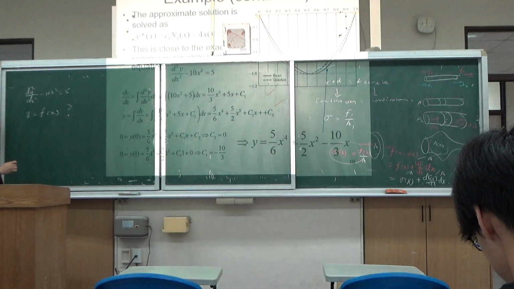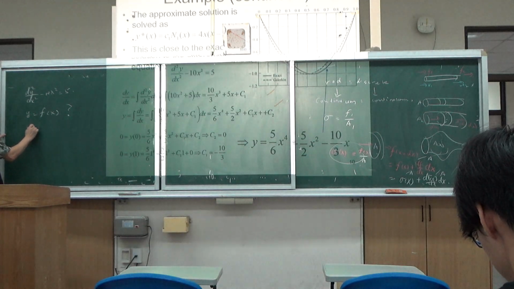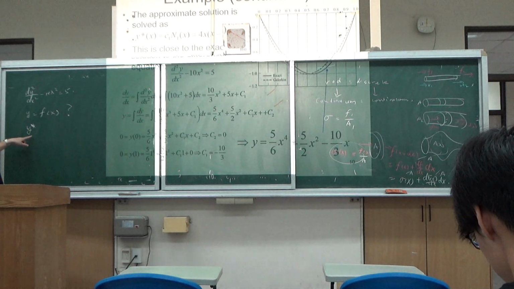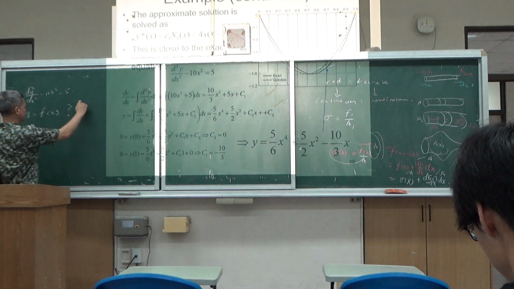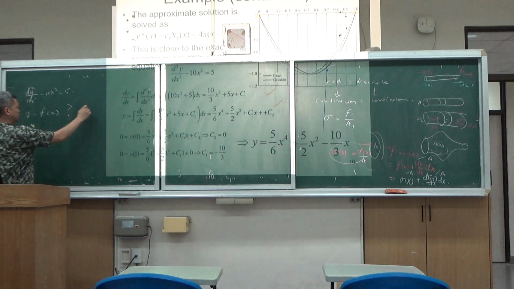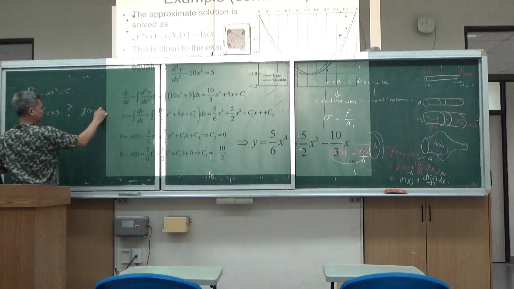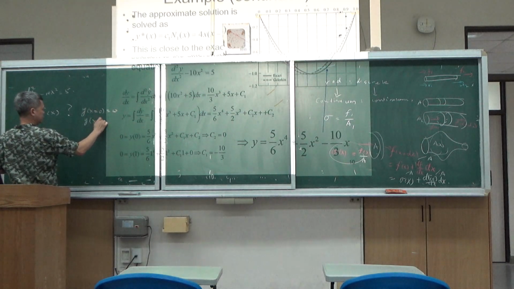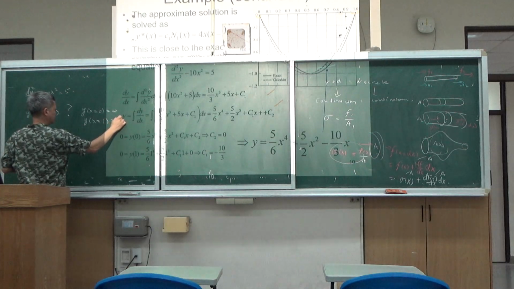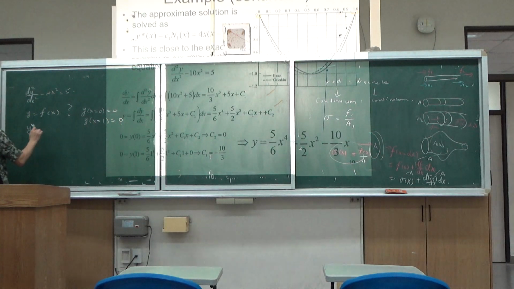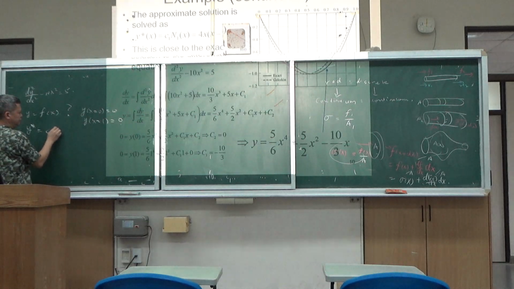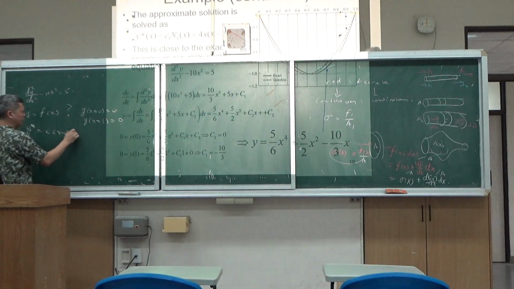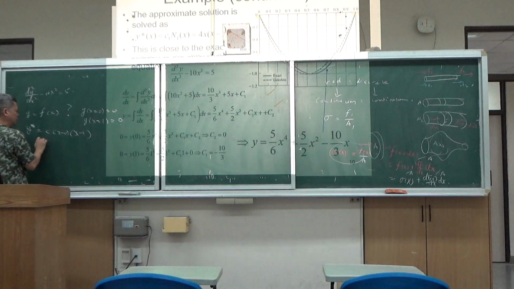So now you're going to find the approximated answer. What is the approximated answer? Because we know this function is 0 when x equal to 0, and this function is 0 when x equal to 1. So this approximate function I can write as c times x minus 0 times x minus 1.